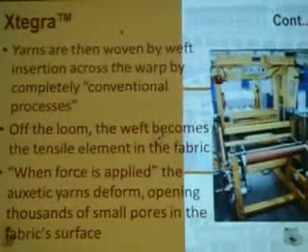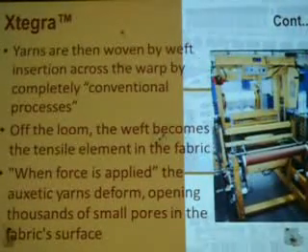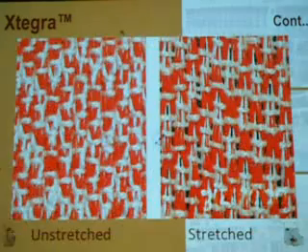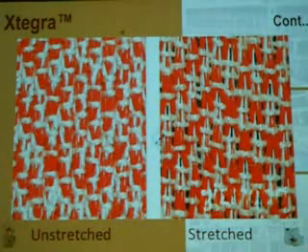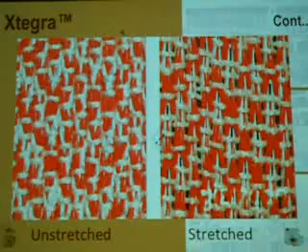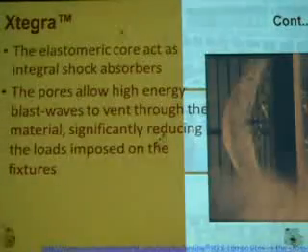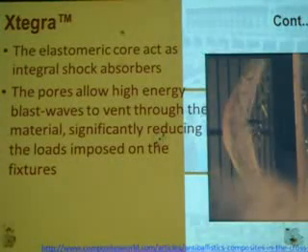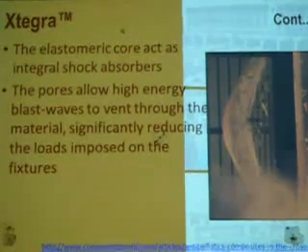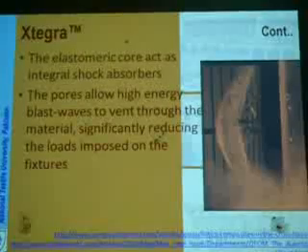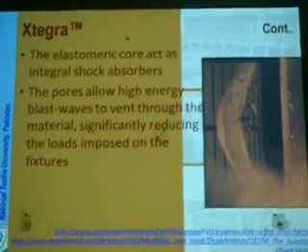When force is applied, the auxetic yarns deform, opening thousands of small pores in the fabric surface, and you can see the difference in these pictures. The elastomeric pore acts as an integral shock absorber. The pores allow high energy blast waves to pass through the material, significantly reducing the loads imposed on the fixture.